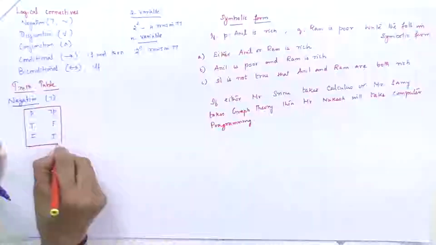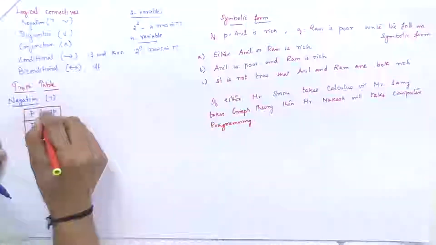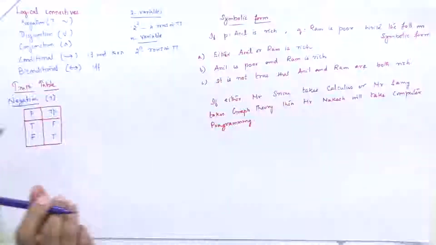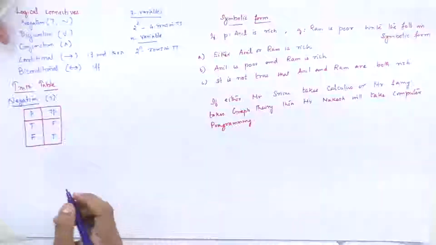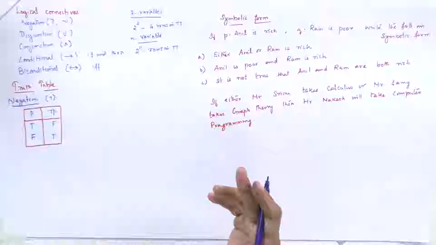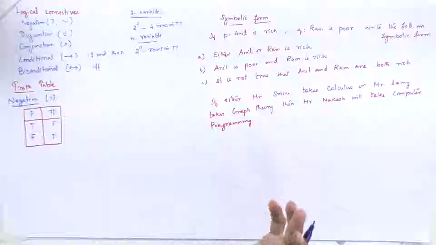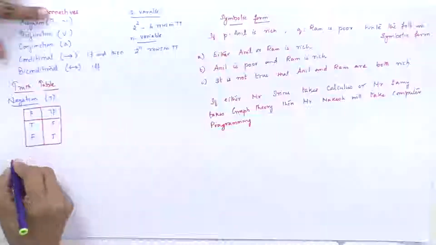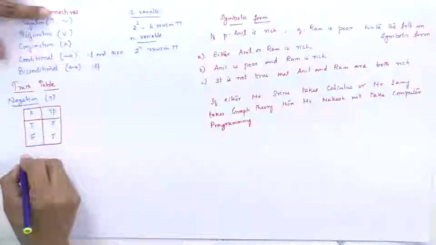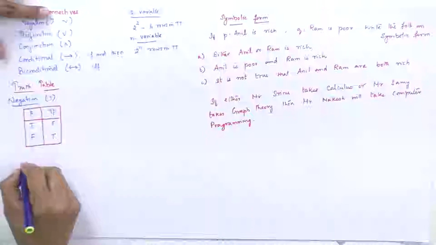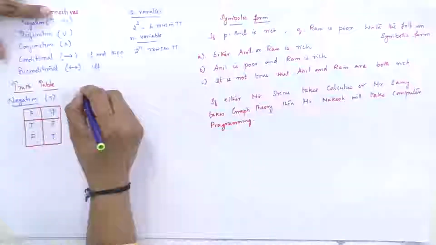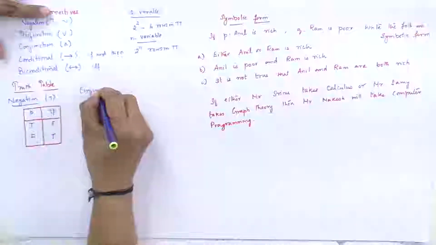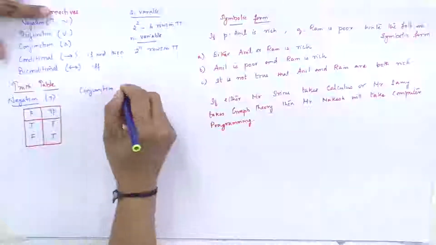Everybody must be thorough with this construction of the truth table. Next, how to construct the truth table if we have 2 variables. I will do it in one full stretch. Let's see for conjunction, that is and.